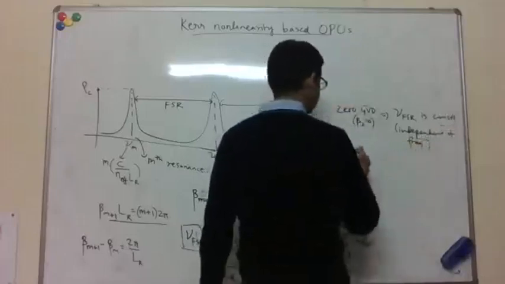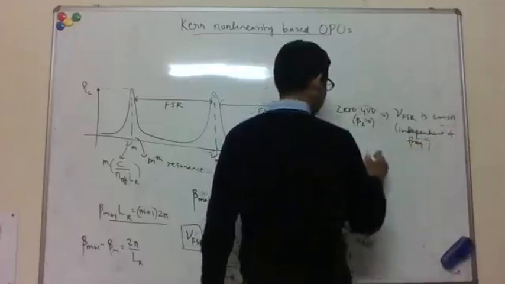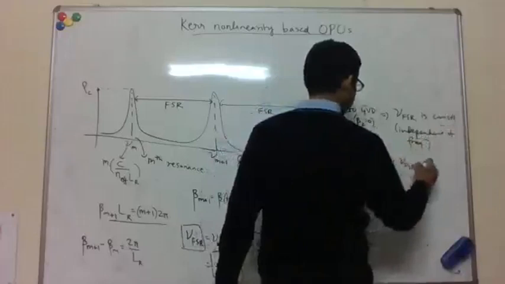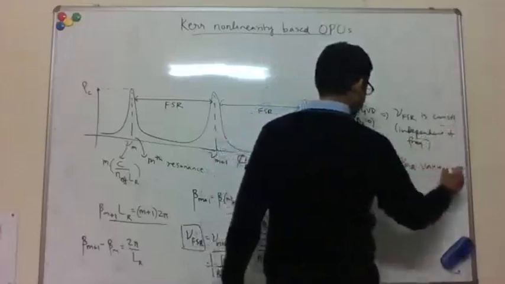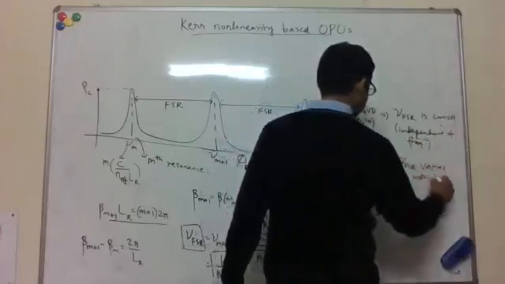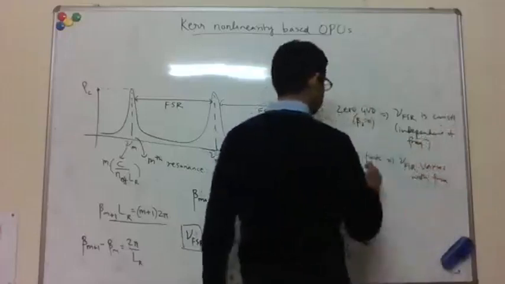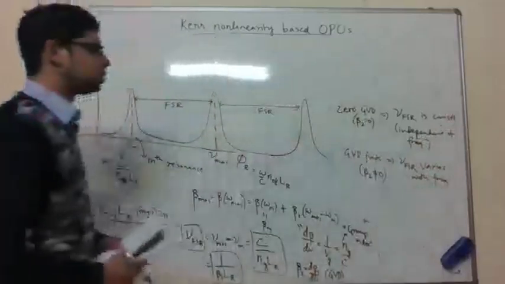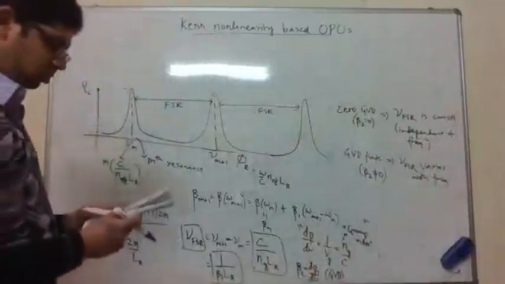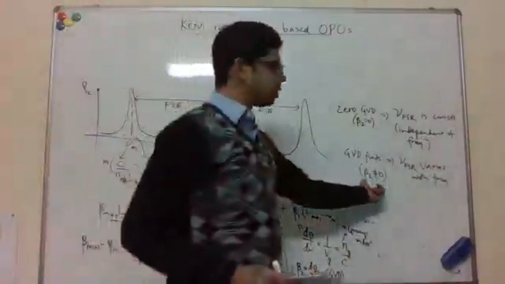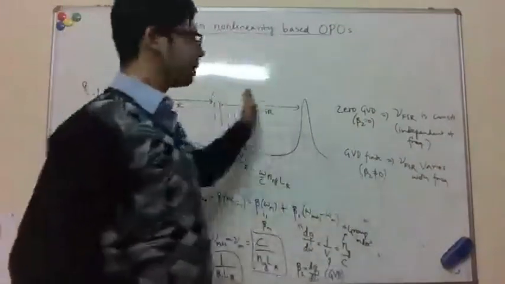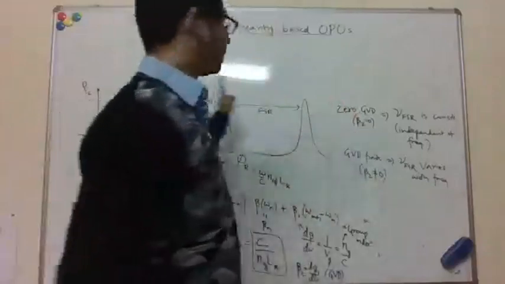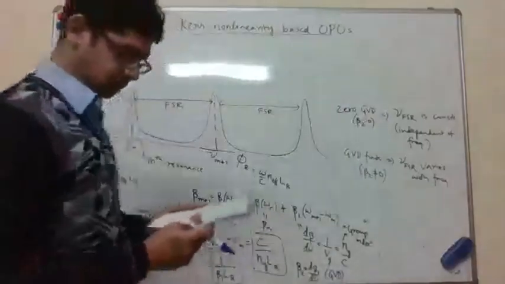But if GVD is finite, then the FSR actually varies with frequency. So, if beta 2 is not equal to 0, that means you don't have equally spaced resonances, right? Only if beta 2 is 0, then you have equally spaced resonances.